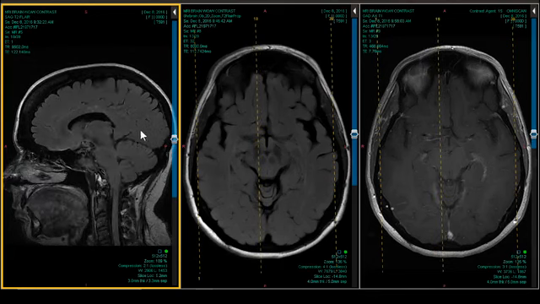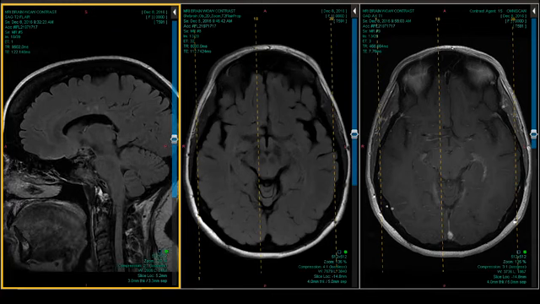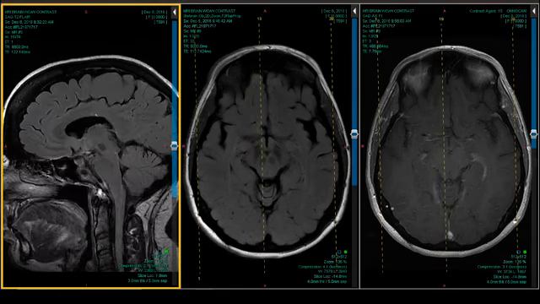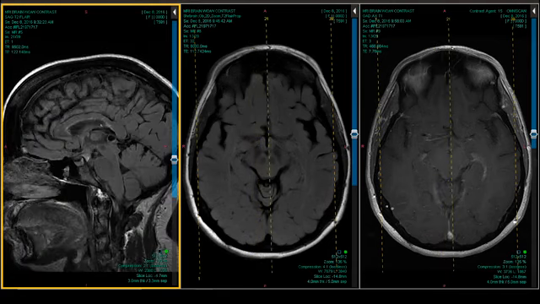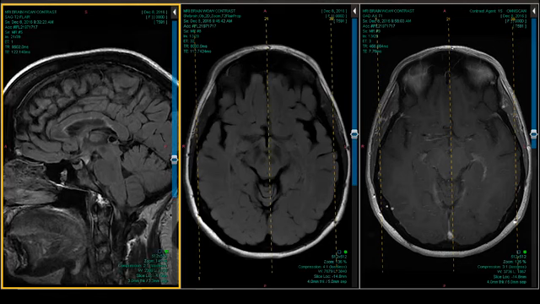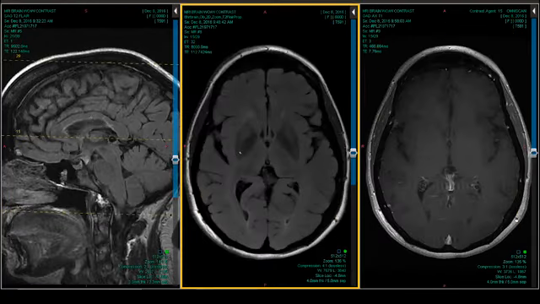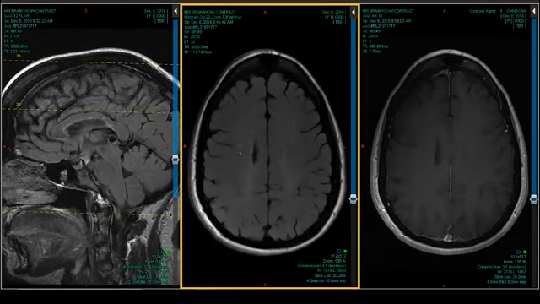Now, the sagittal FLAIR is interesting in that there are multiple lesions in the corpus callosum. And they really are staying with the callosum. I mean, look at them. They've got a right angle orientation, and they really hug the callosum in the sagittal.